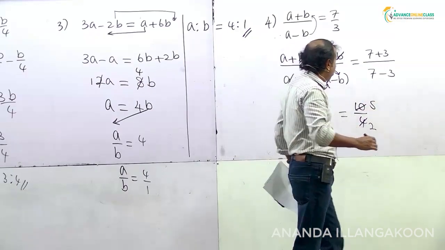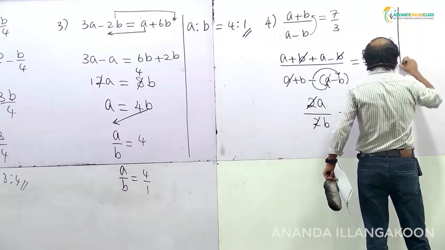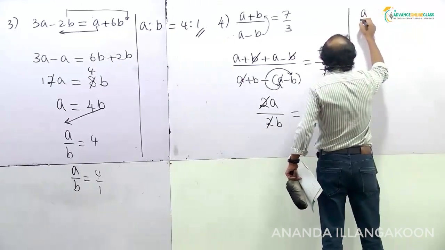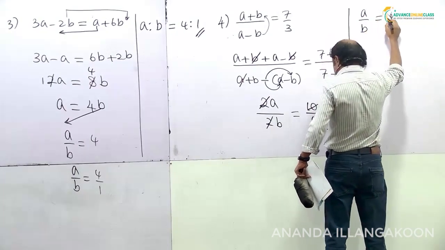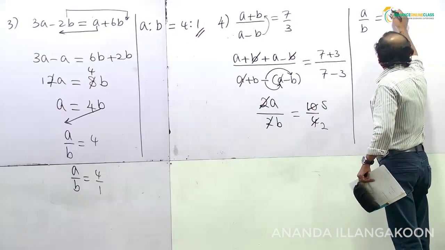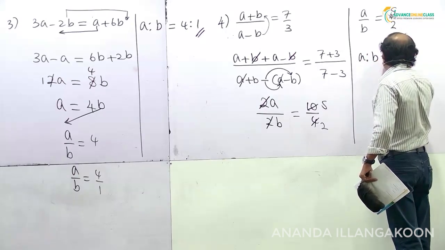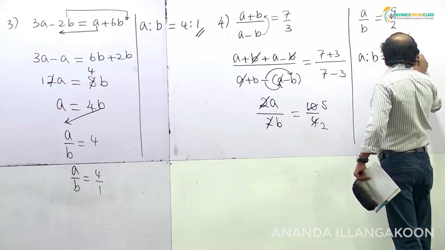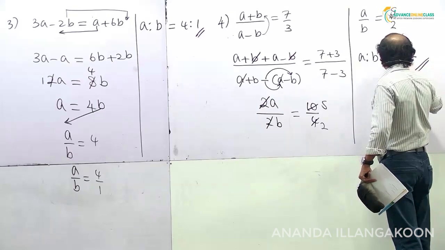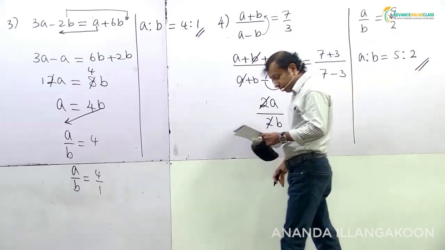Then A over B is equal to 5 over 2. This means A is to B is equal to 5 is to 2. That way we complete that part.